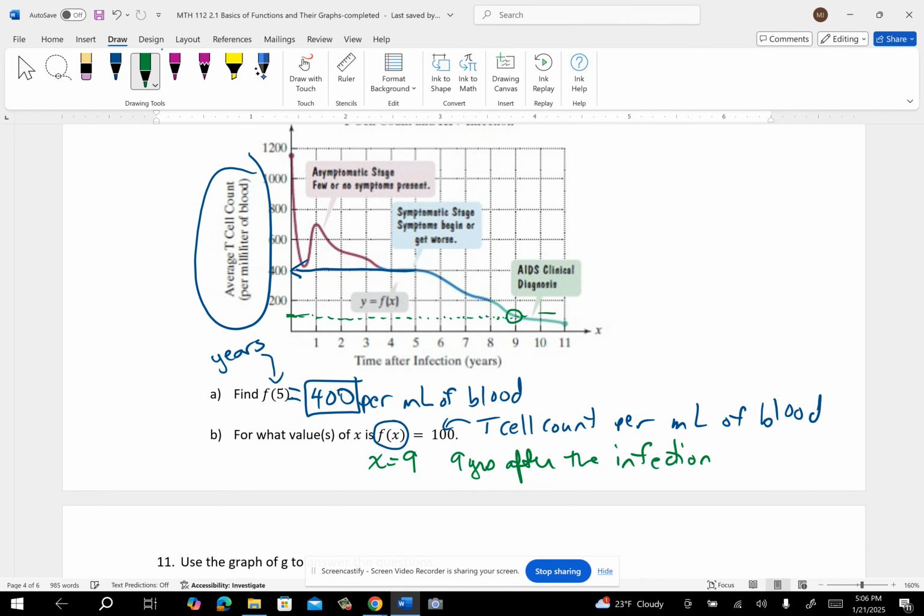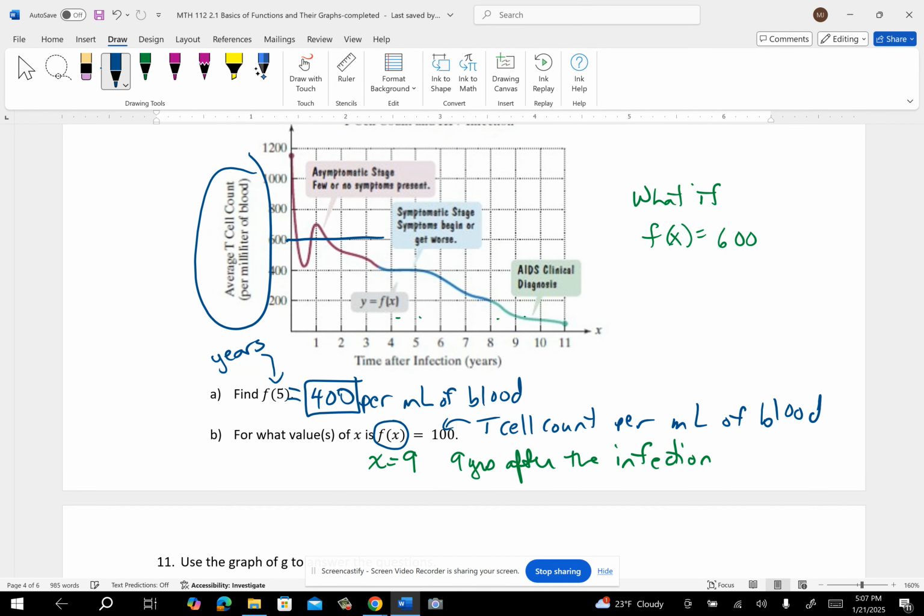Now, what if that question had been 600? You know, what if it had been, for what values of x is f of x equal to 600? Okay, then look what would happen. We'd be up here. Let me erase my other lines. We'd be thinking about being up here at 600.